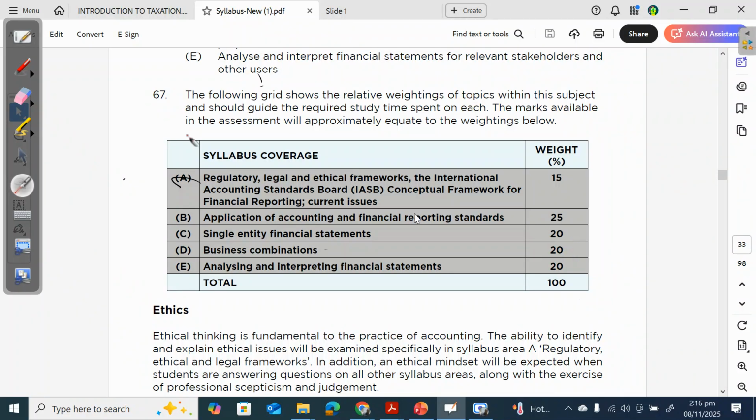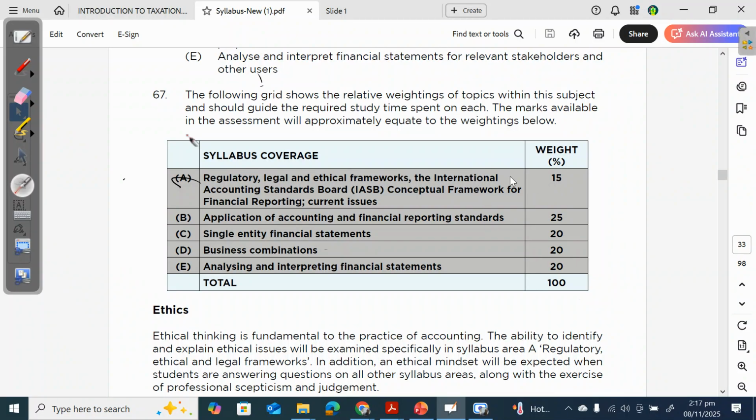So if you master the standards, you can get 20 out of 25. Then the regulatory framework and the conceptual framework and the rest of this area, there's more of reading. So this one you can even get the maximum marks if you are able to master it well.